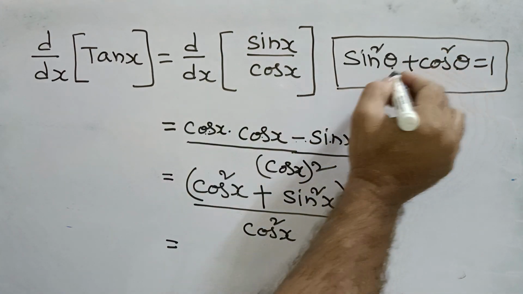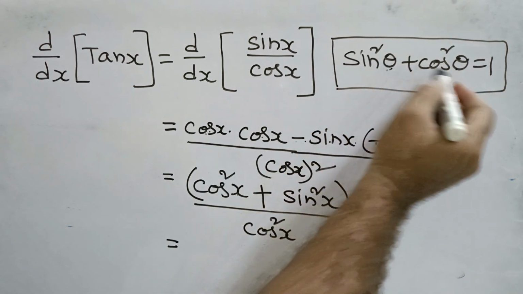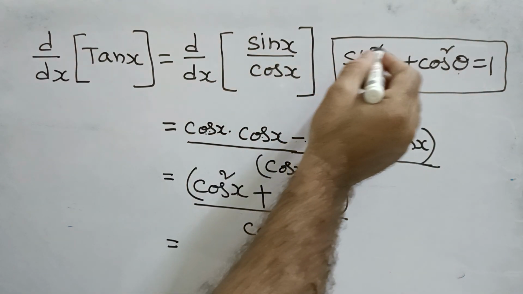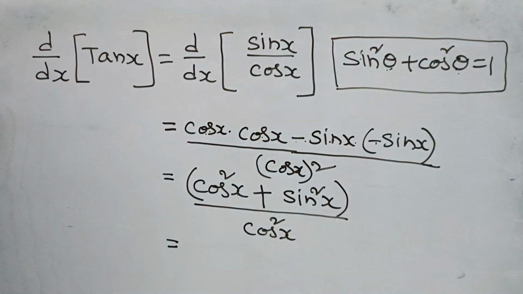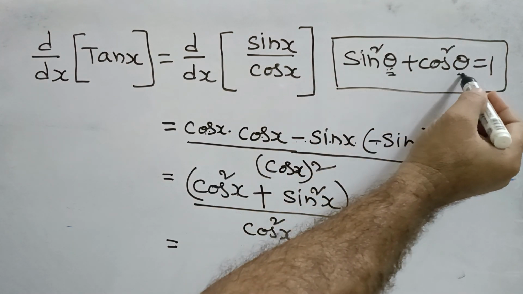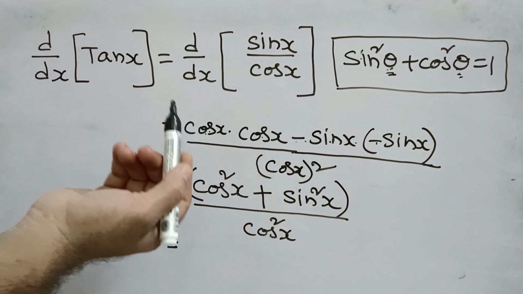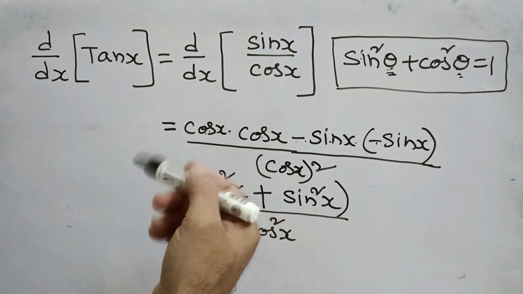Theta is the angle, maybe 0 degrees, 30 degrees, 45 degrees, or 90 degrees.